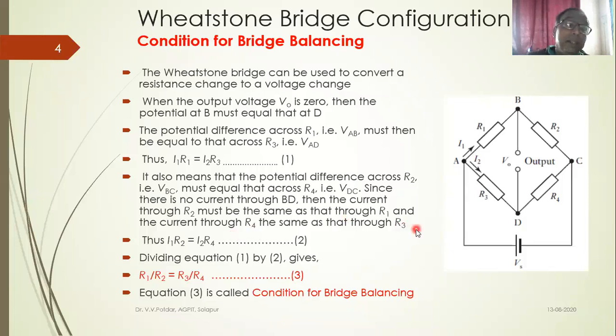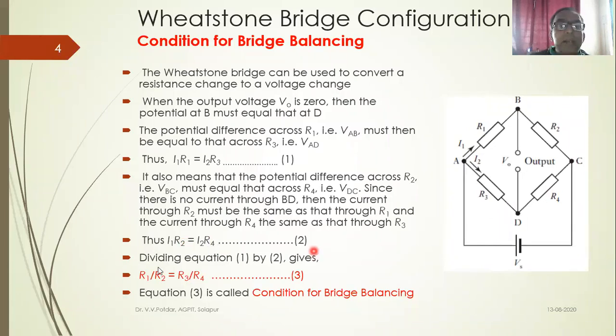R3. Thus, what is the expression then? VBC is equal to VDC. What is VBC? The same current I1, I1 into R2, and the same current I2, I2 into R4 is VDC. So I1 R2 is equal to I2 into R4. This is my equation number 2.